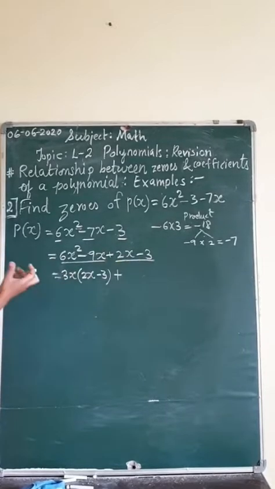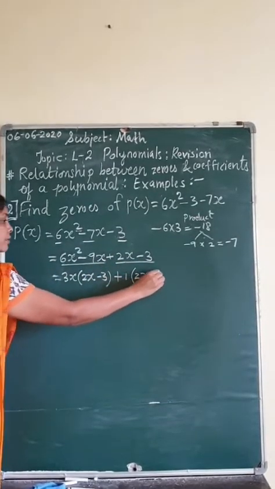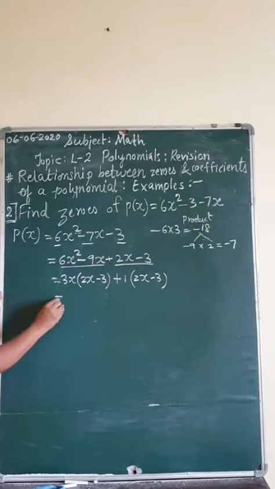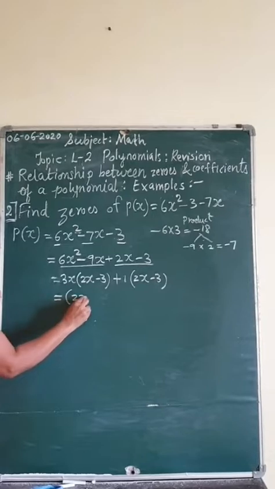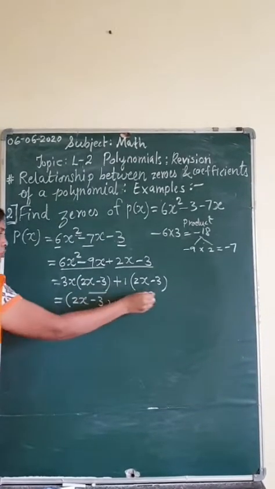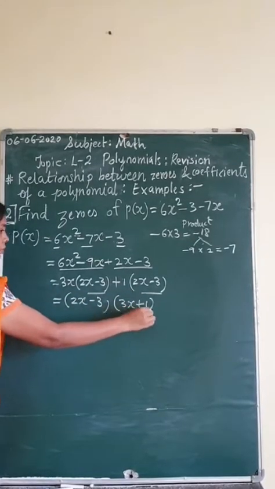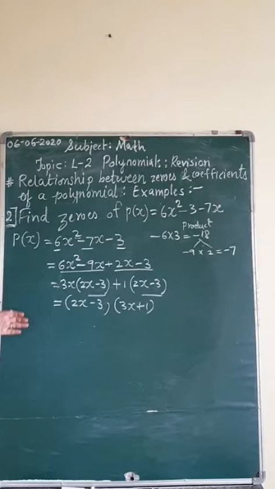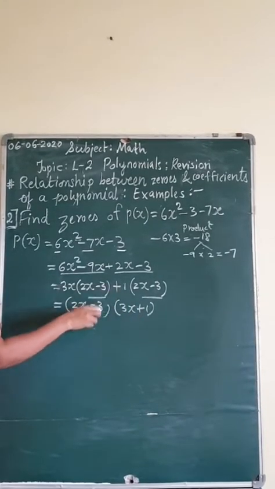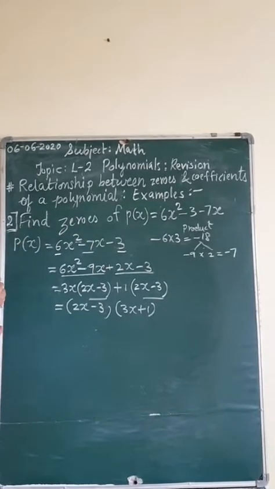From the other two terms, no common factor is there, so 1 is the common factor, and we write the terms as they are. So here this whole bracket is a common factor, so we write it once. I hope you have solved this kind of sums. Now what next? We have to find the zeros of the polynomial.